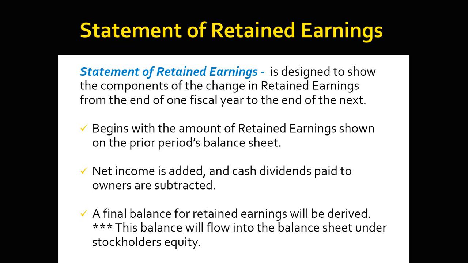So you will always add in your net income. If you had a net loss, you would subtract it. But if you have a net income, you will add it. If you have cash dividends, you will subtract that. So cash dividends will be subtracted from your statement of retained earnings. And then finally, you will come down to your retained earnings balance.